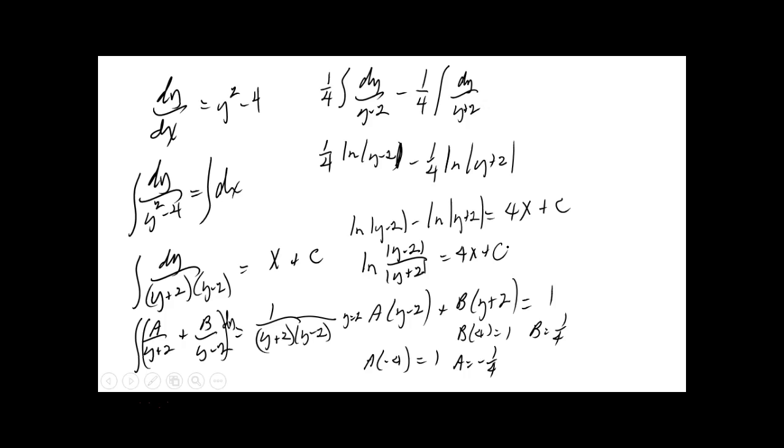Or you could take e to both sides, which would be (y minus 2) over (y plus 2) is equal to, now the e to the c can come around and be another constant c, different from the previous c, e to the 4x. I don't know if there's a simpler way to write it. To me, that's about as simple as you can get.